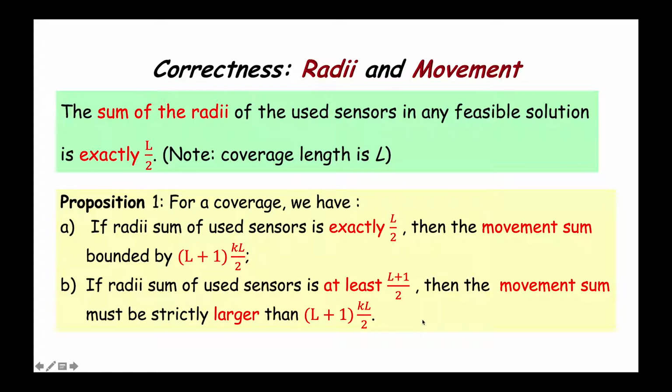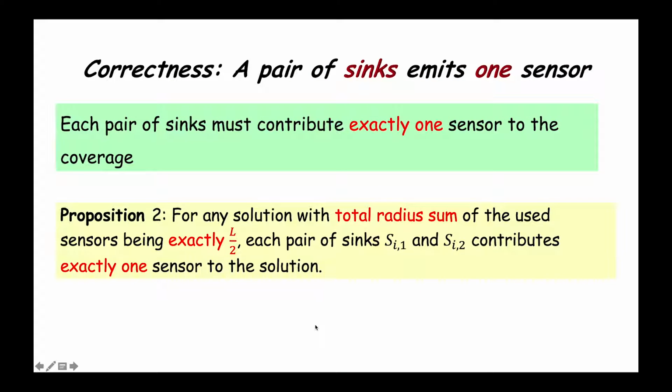That is, the sum of the radii of the used sensors in a feasible solution must be exactly half of L. We then showed each pair of sinks must contribute exactly one sensor to the coverage. By the two properties, we eventually obtain the correctness of the reduction.